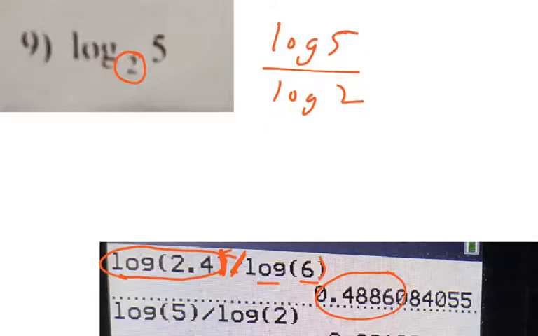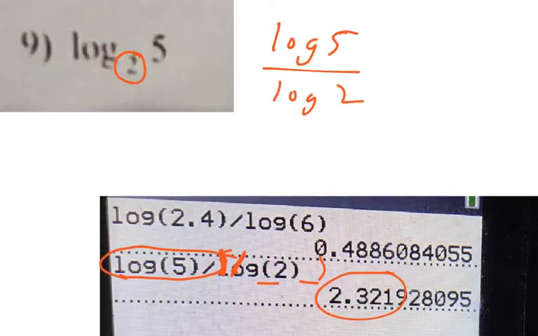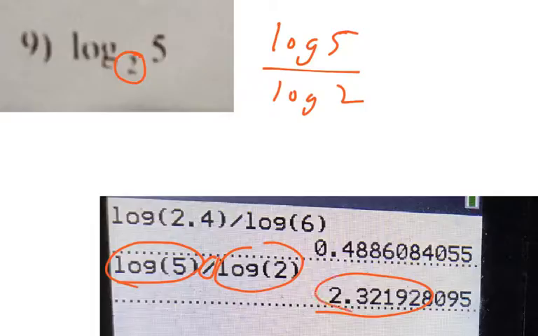If you look down the bottom of the screen, I already have it done. As you can see, I did the log of 5 divided by log of 2. Again, make sure you use those parentheses to close off each log function that you type in. And there's the correct answer, 2.3219.